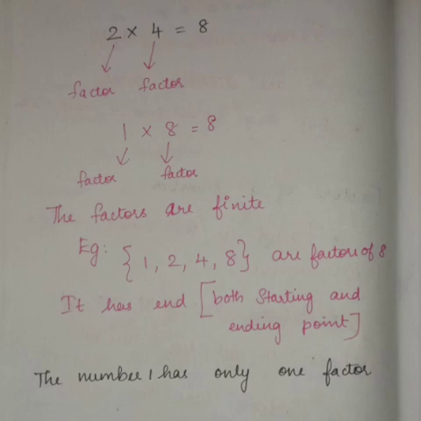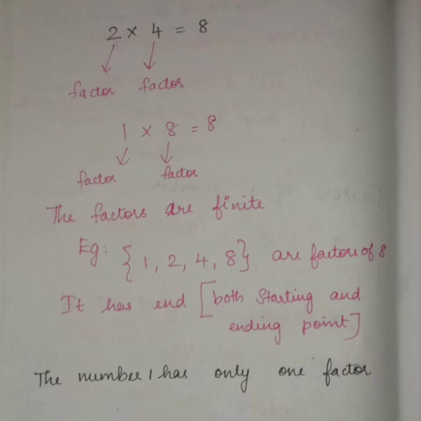Does it come in the fifth table? No. So 5 is not a factor of 8. Likewise, you should check every table. Then, factors are always finite. Finite means it has a starting point and an ending point. Our starting point of factors here is 1, and it goes to 2, then to 4, because 3 is not a factor.